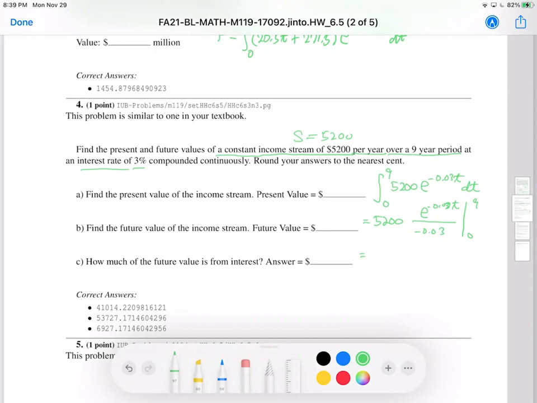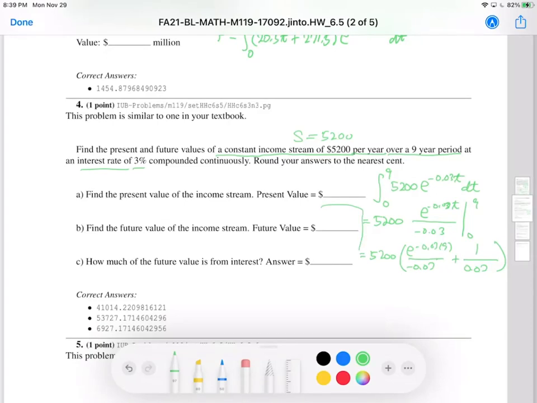This is equal to 50 to 100, plug in 9, e to the negative 0.03 times 9, minus, plus 1. We can simplify it.